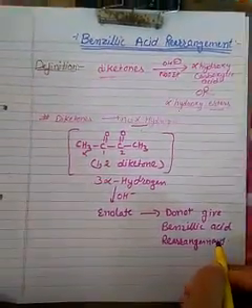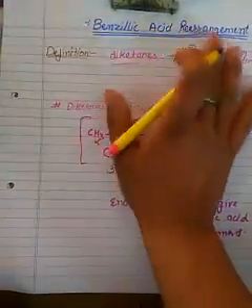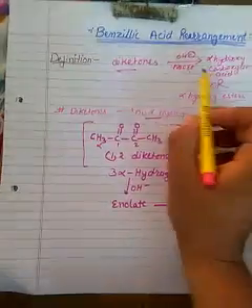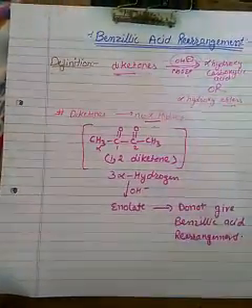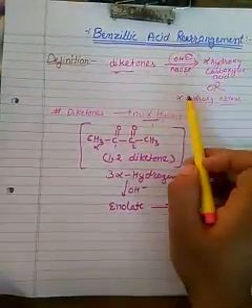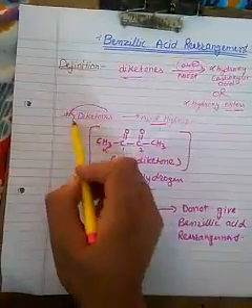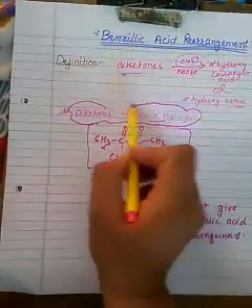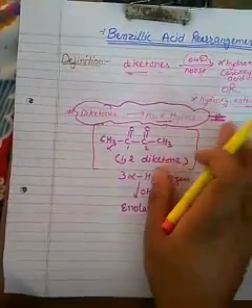This is the definition of benzilic acid rearrangement: generally diketones having no alpha hydrogen, in the presence of base, form alpha hydroxy carboxylic acid or alpha hydroxy esters. But the main important condition is that the diketone taken should have no alpha hydrogen. This is a very important point that must be remembered.